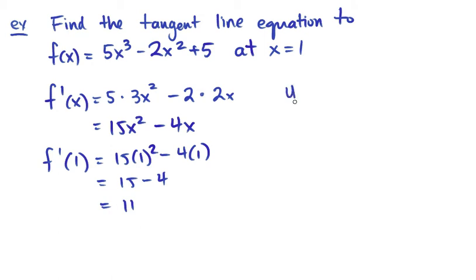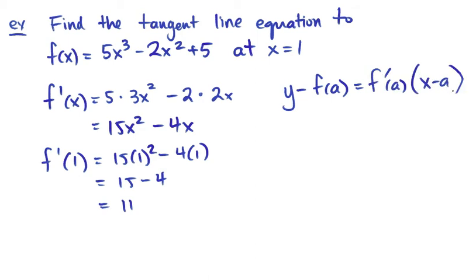And then I can use y minus f of a equals f prime of a times x minus a, the point slope form, to get the equation of the line. The function evaluated at 1, f of 1, is 5 times 1 cubed minus 2 times 1 squared plus 5.